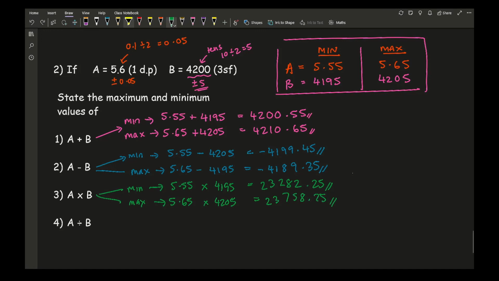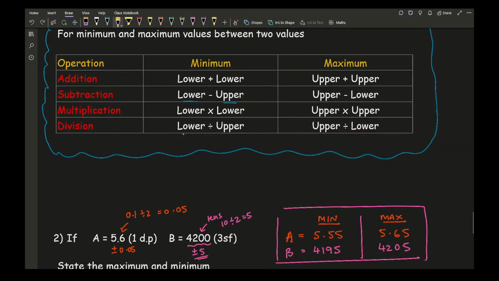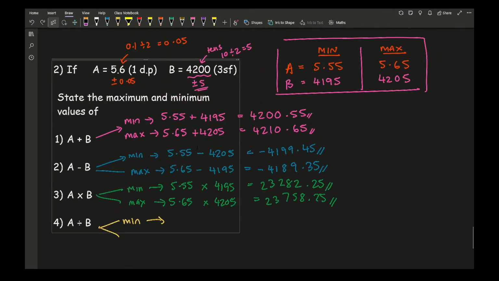And then finally for our b value, to get the smallest value when you're dividing, I need the smallest a value divided by the biggest b value. So here I've got the smallest a value, which is 5.55. I'm going to divide that by the biggest b value, which is 4205.